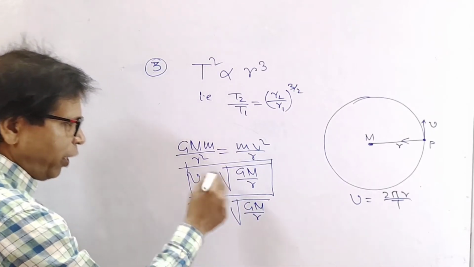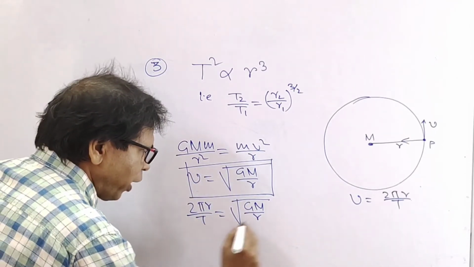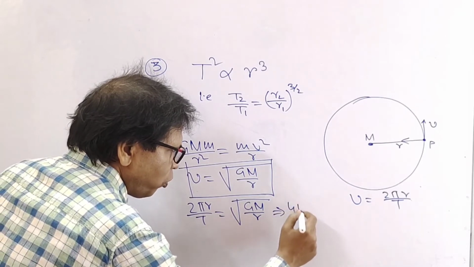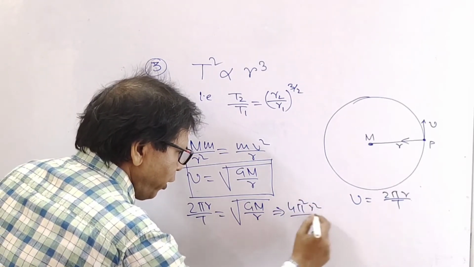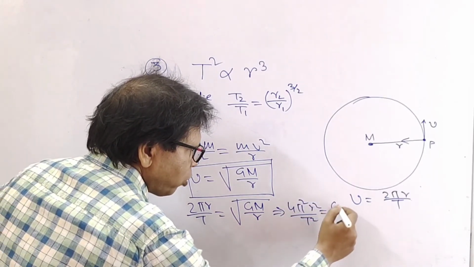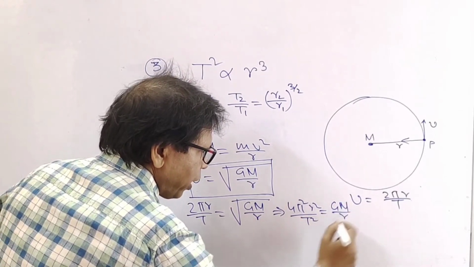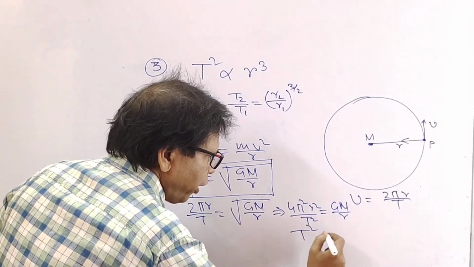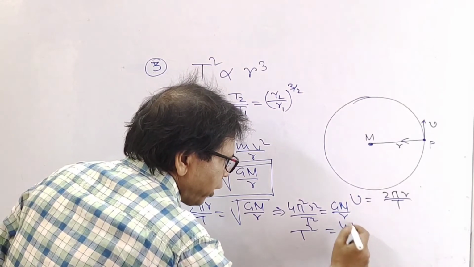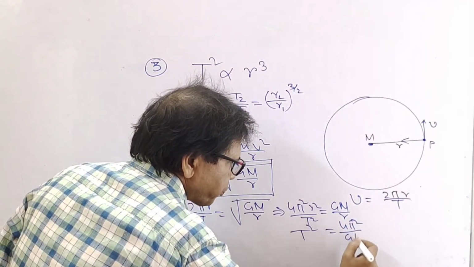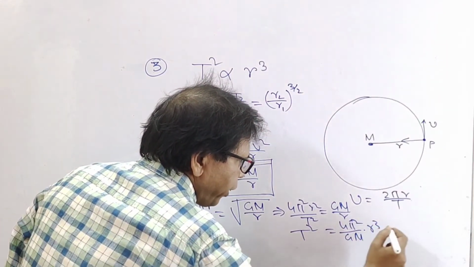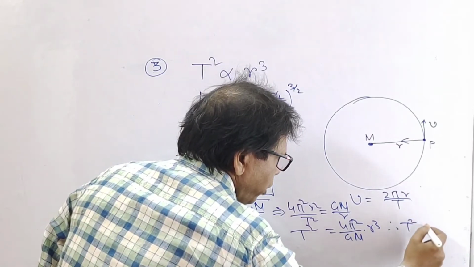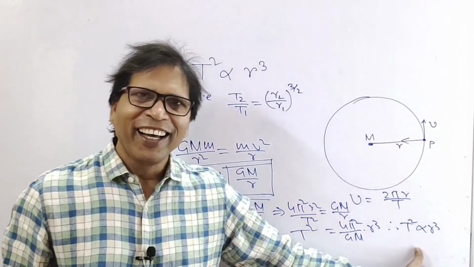Now squaring this, we get 4 pi square r square by T square equals G capital M divided by r. So T square equals 4 pi square divided by GM into r cube. Okay, that is T square proportional to r cube.